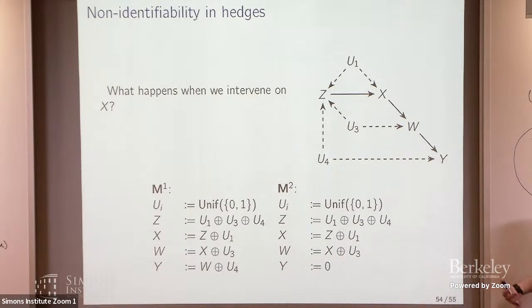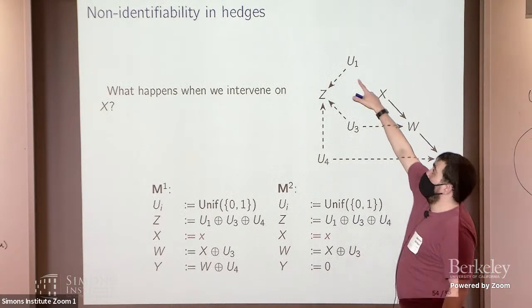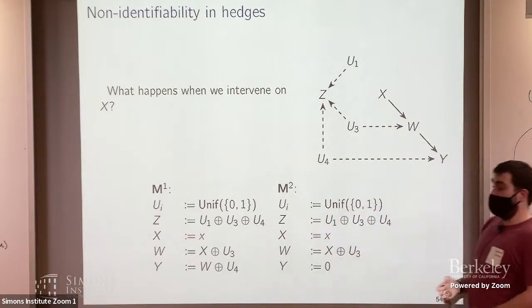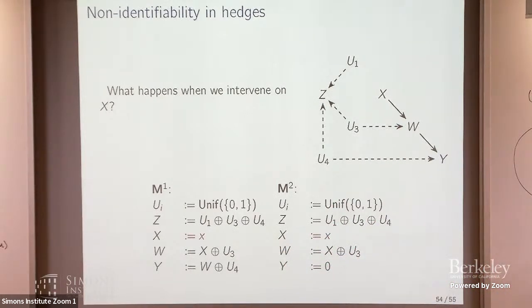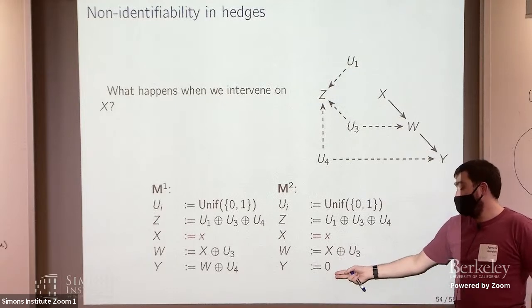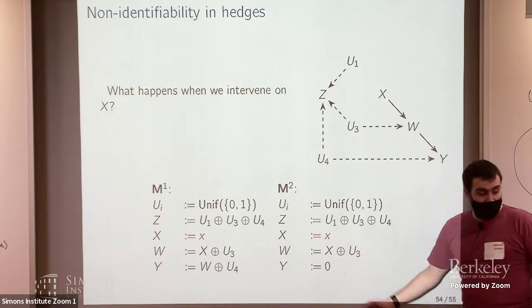Well, when we intervene on x in model 1, let's look at the resulting graph. So we remove the z to x edge, we remove the u1 to x edge, and we change the equations for x in both models. And what happens to y? Well, y in model 2 stays equal to 0 because the equation defining it hasn't changed.